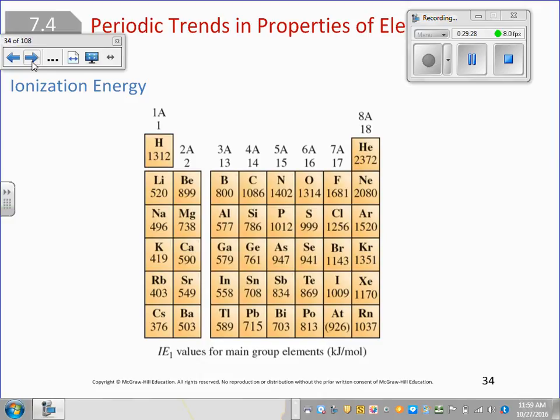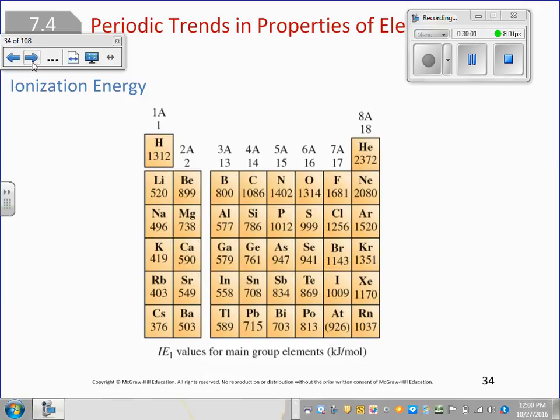Now we do boron, how many electrons? 5. 1s2, 2s2, 2p1. So which one's going to be easier to remove? Yeah, so boron should be lower energy than beryllium, and it is.